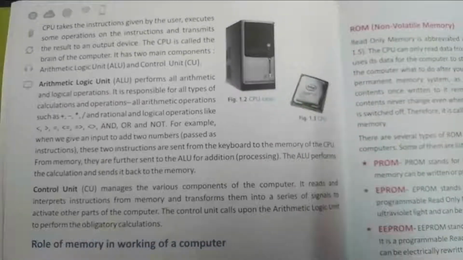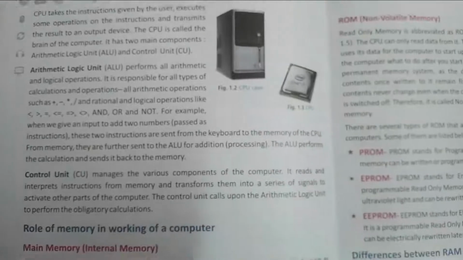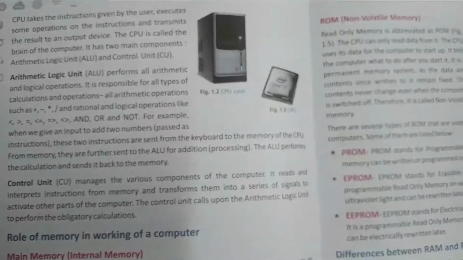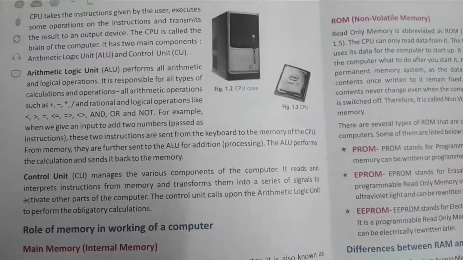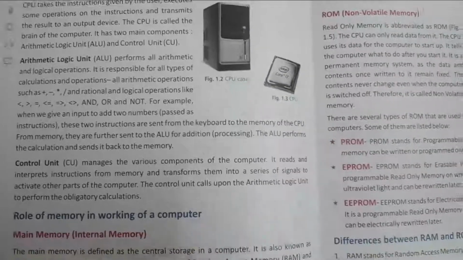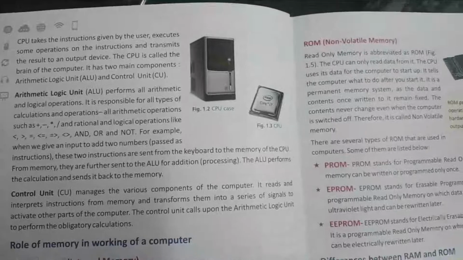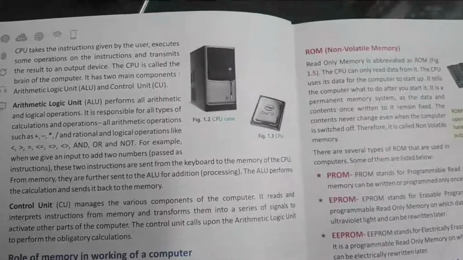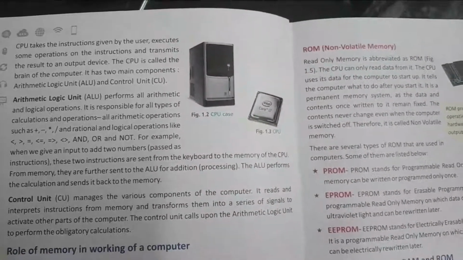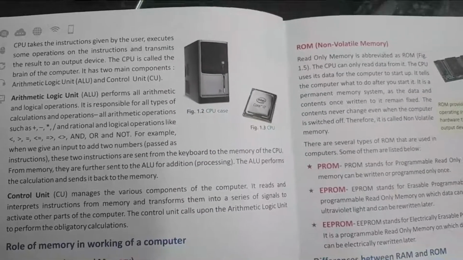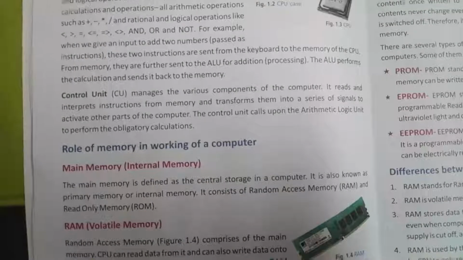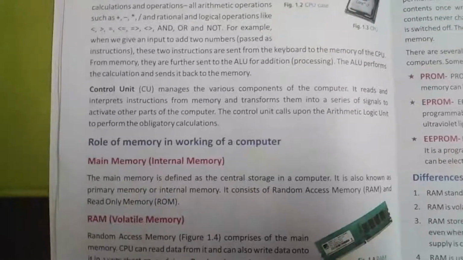We can take it as an instance. The arithmetic logic unit does all kinds of calculations, like mathematical calculations. Whether plus, minus, divide or multiply, every mathematical calculation takes place in this unit, and it is done very fast.